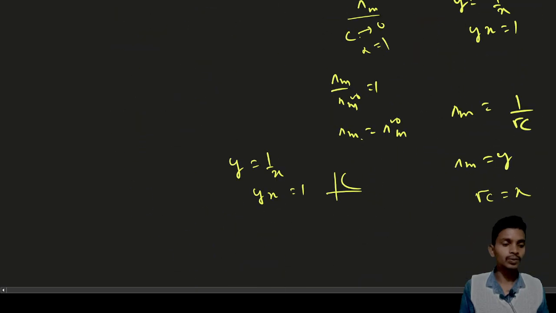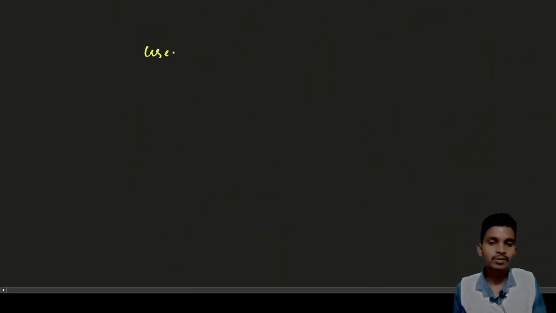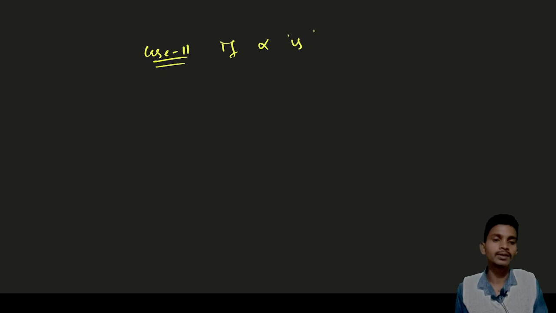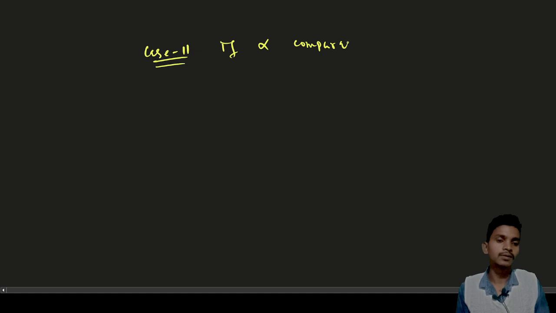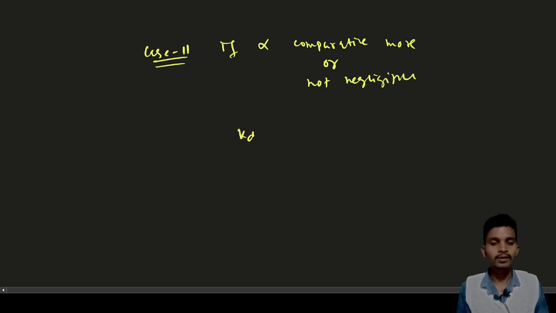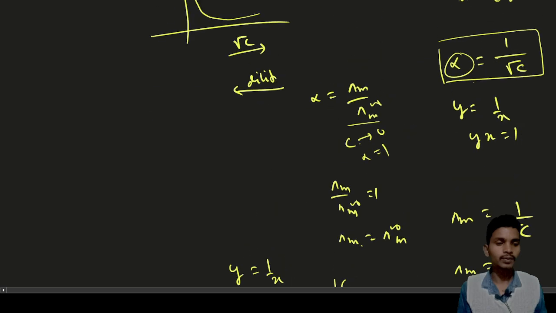And for case 2, if alpha is comparatively more, or you can say not negligible, in that case what will happen? So we know that Kd equal to, what is the equation?